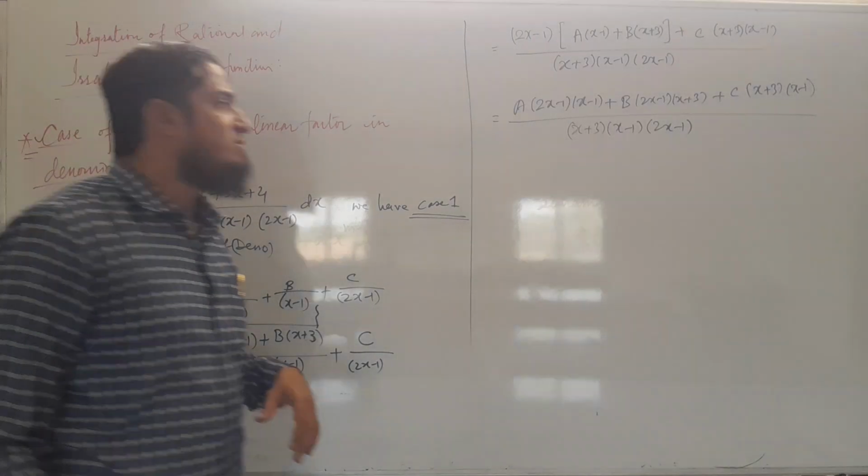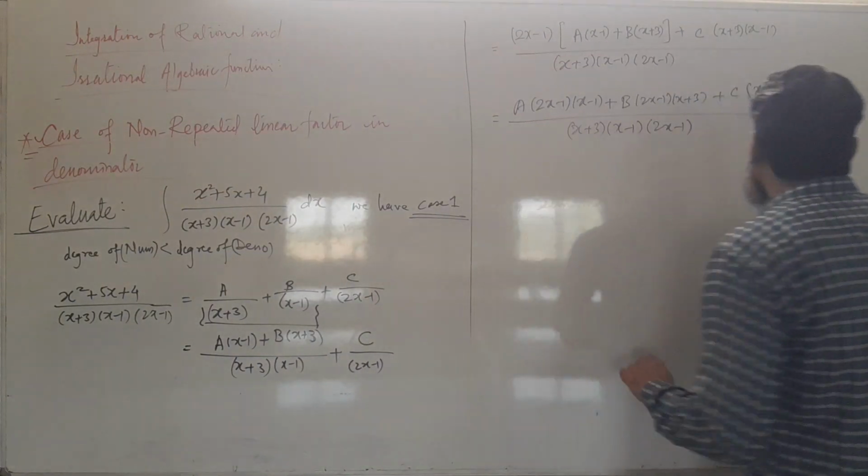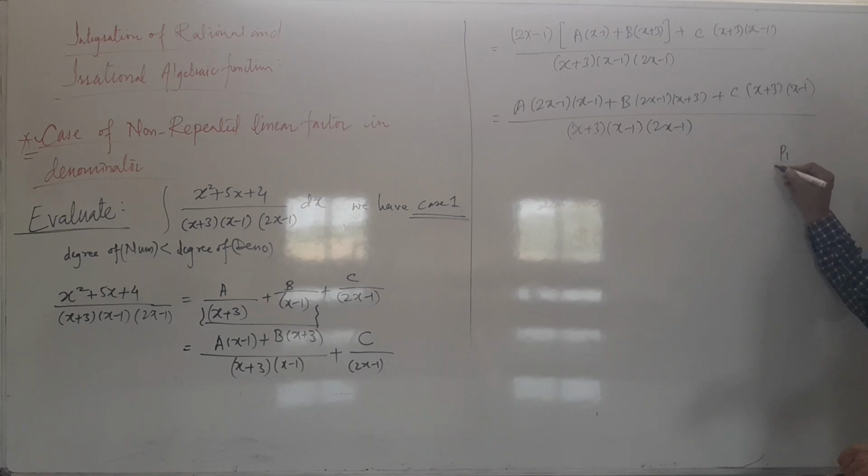Correct? And since we know that P1 upon Q is equal to P2 upon Q, where the denominators of both rational functions are equal and the values of those rational functions are equal, this implies that P1 is equal to P2.